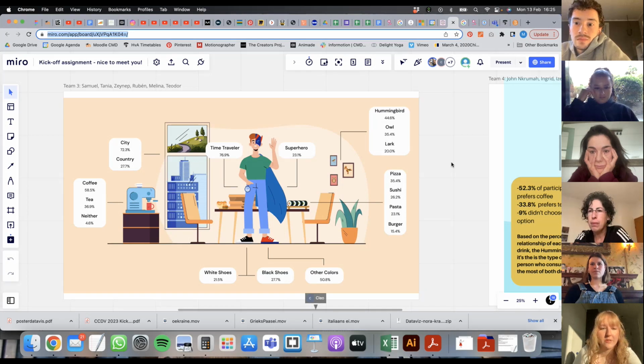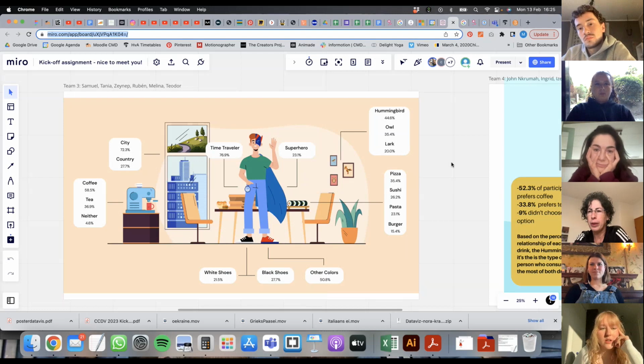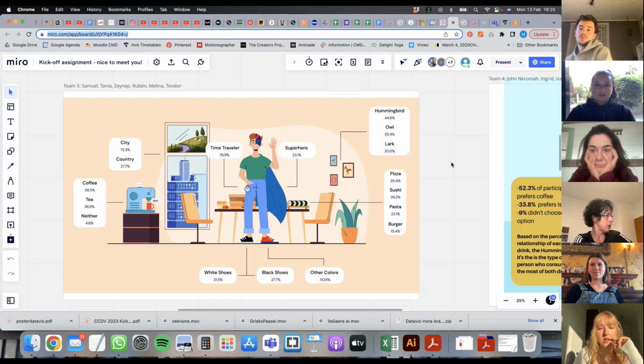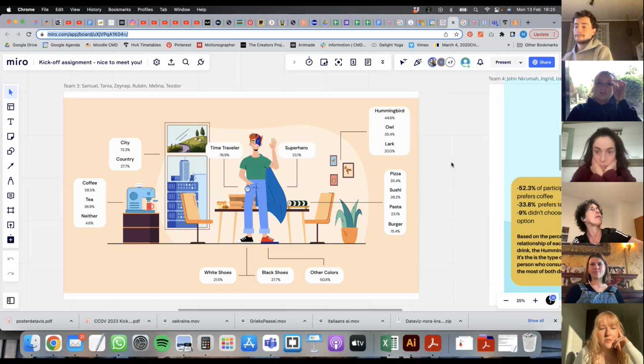At first we had them at 50-50, but now he changed it, because superhero was way less. Then we added the city and the country in the window, and the birds on the picture frames. The rest were kind of the same as from the other groups. We added the coffee and tea, the shoes, and the food.